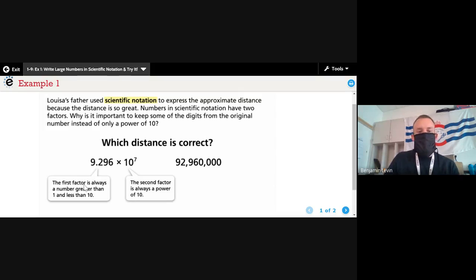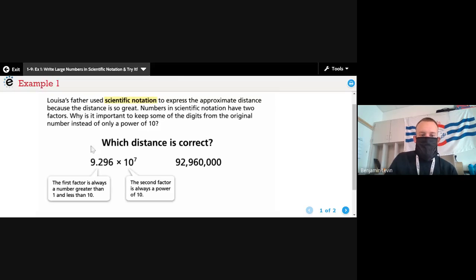But first off, let's talk about scientific notation. They gave us two things that are required. Here's the first one: we always have a number greater than 1 and less than 10. A different way to say that is there's only one place left of the decimal. It's going to be one number, decimal, and then some decimal numbers, like 9.296, or 7.61, or 3.7.